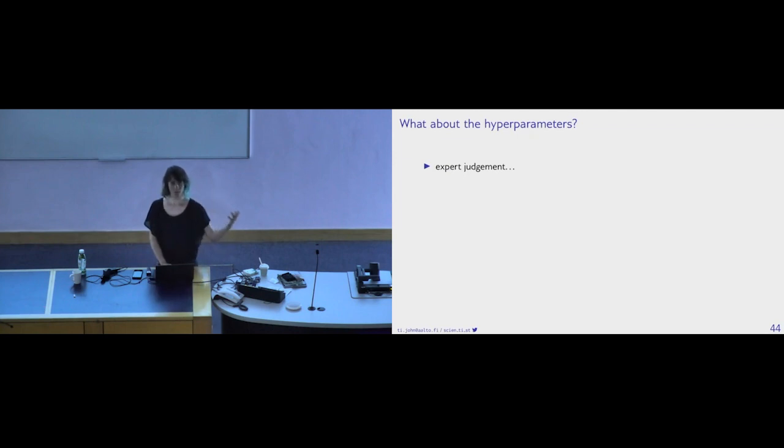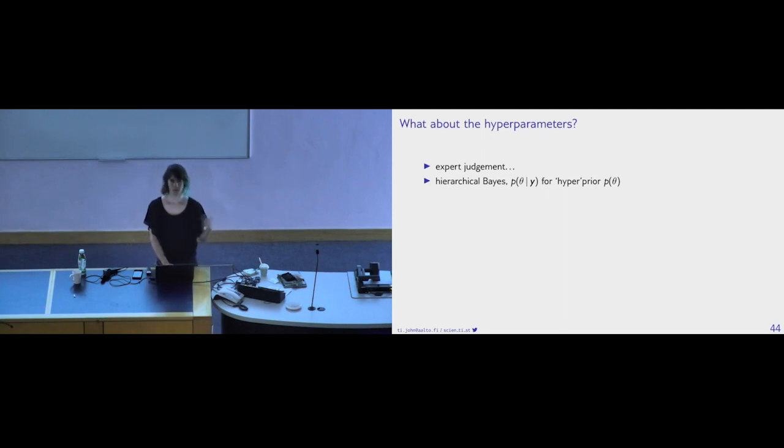Alternatively, you can be Bayesian about the hyperparameters themselves. If you can't get a point estimate from the expert, maybe they can help you figure out a reasonable range of values for the length scale hyperparameter or the noise that we expect to have in the data, and then you could do inference over the hyperparameters as well.